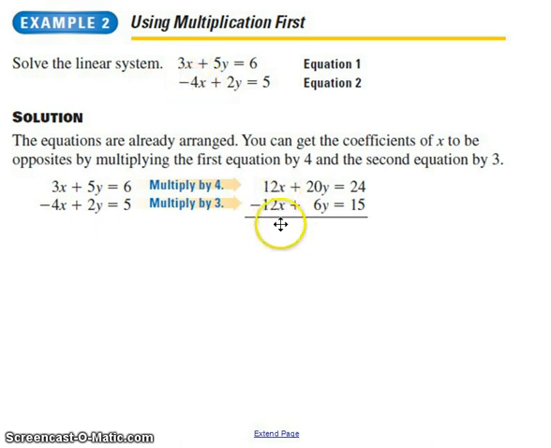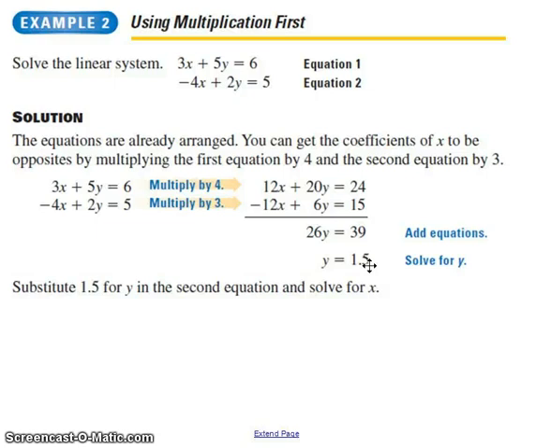Now those guys are going to cancel, the x's are going to cancel, and I'm going to end up with 20 plus 6, or in other words 26y equals 24 plus 15, or in other words 39. y is equal to 39 divided by 26, which is 1.5. Now I know what y is. I plug 1.5 in place of y into either equation.